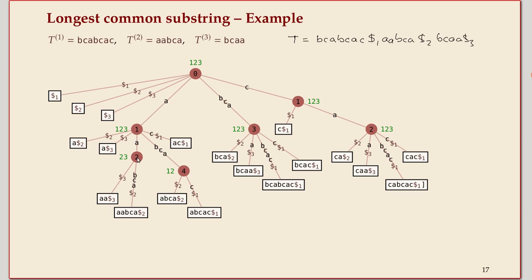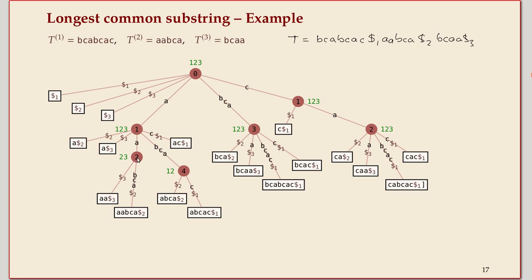Those represent strings that occur at at least 2 positions in the long text. Now, those 2 positions could be entirely inside one of the texts, in which case it would be a repeated substring in that text, but not a common substring. Also, it could occur in 2 of the texts, but not in all 3. So we have to restrict our attention to those internal nodes that do have an occurrence in each of the strings.